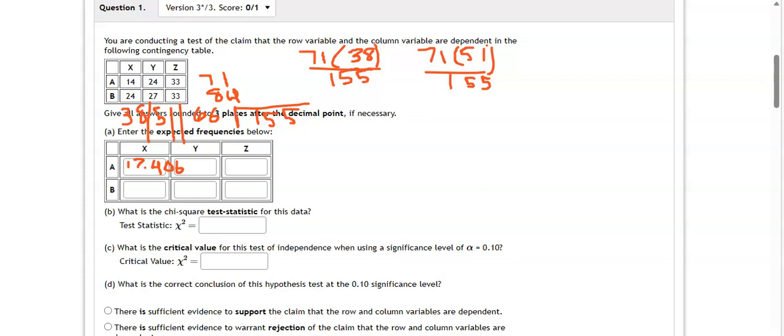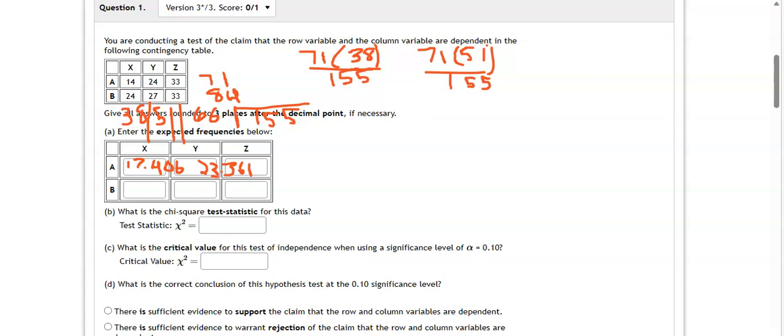Twenty-three 0.361. Now I'm kind of going out of the boxes here, so this really belongs in the second box, in this box right here.